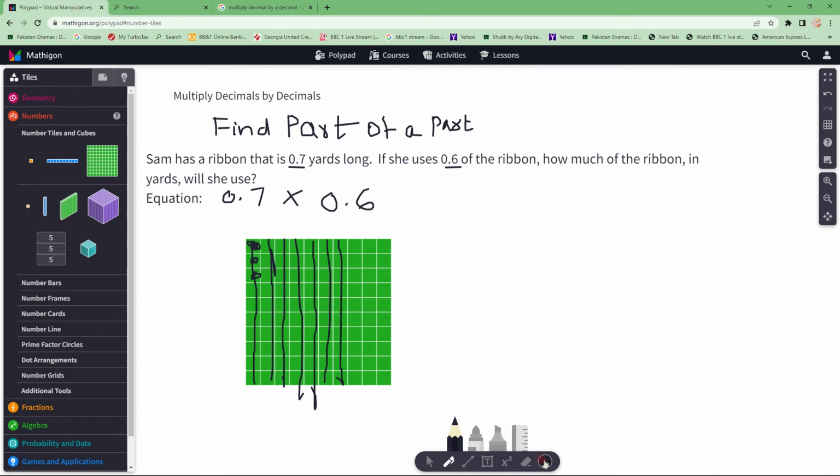So let's use a different color so that we can see it. My 6/10 will be 1/10, 2/10, 3/10, 4/10, 5/10, and my 6/10.